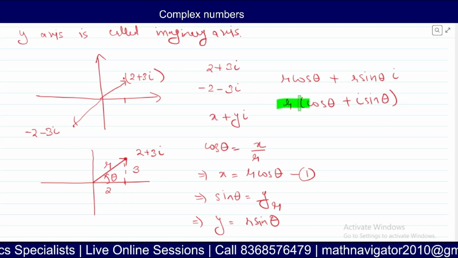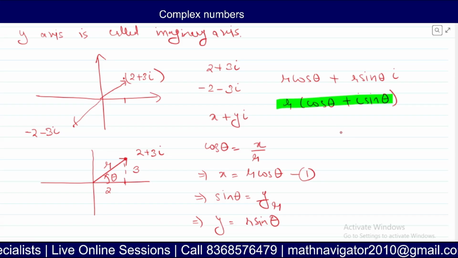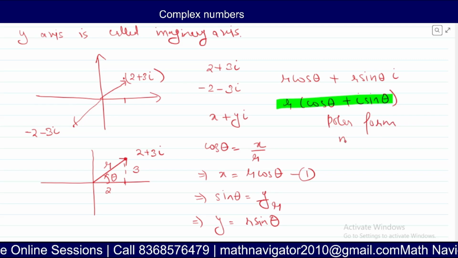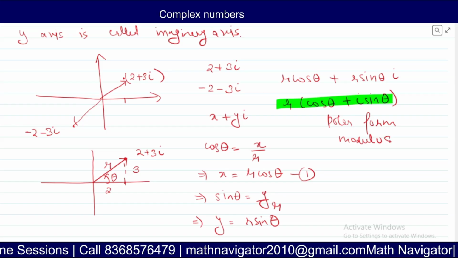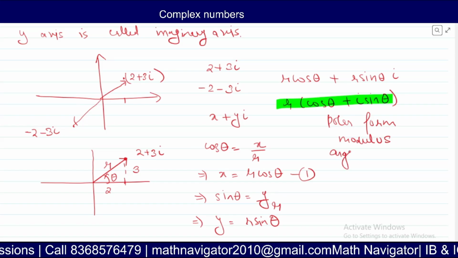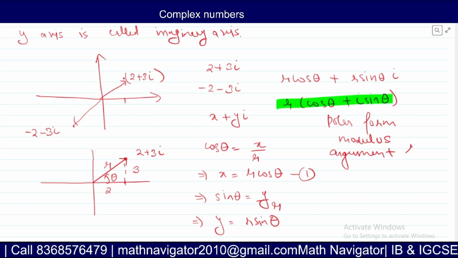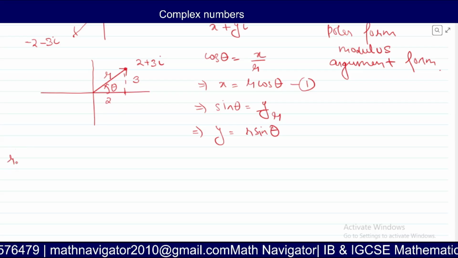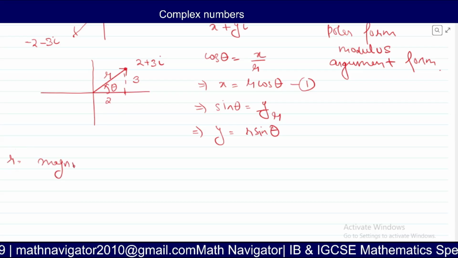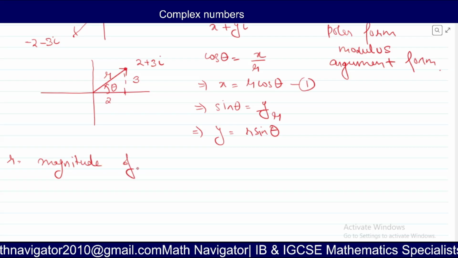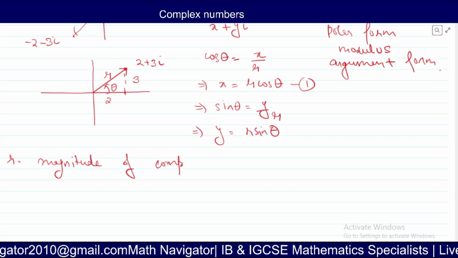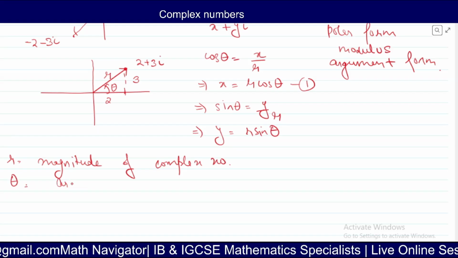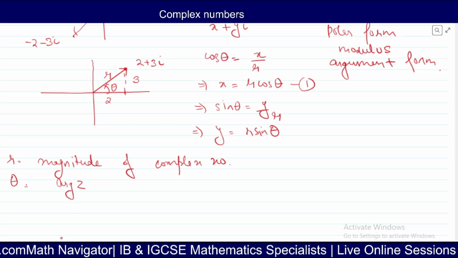This form of complex number is called polar form or modulus argument form. Here this r is called magnitude of complex number, and theta is called argument of z, or commonly arg z.